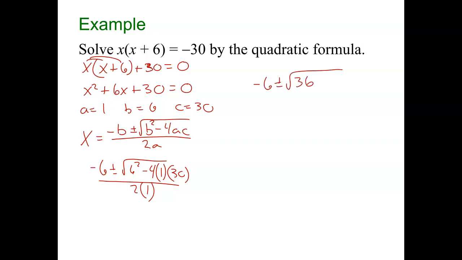Negative 4 times 1 times 30. 36 minus 120. It is a negative number.